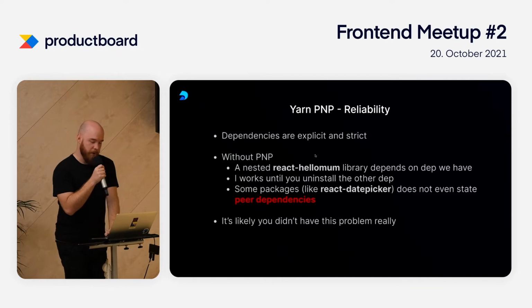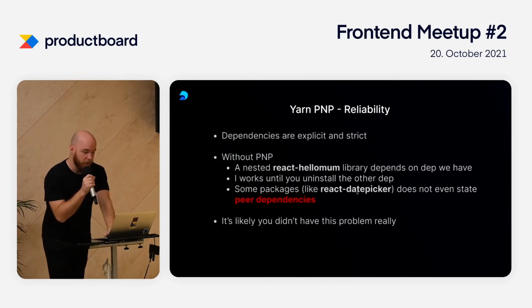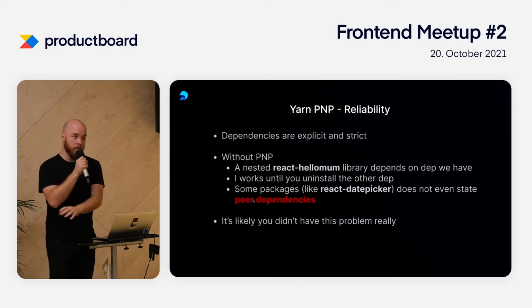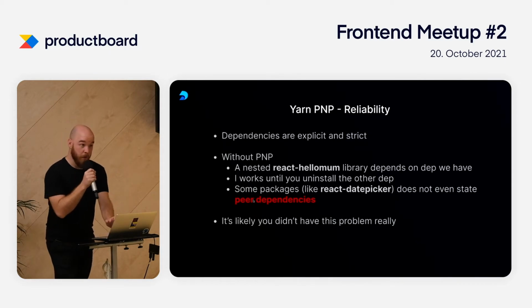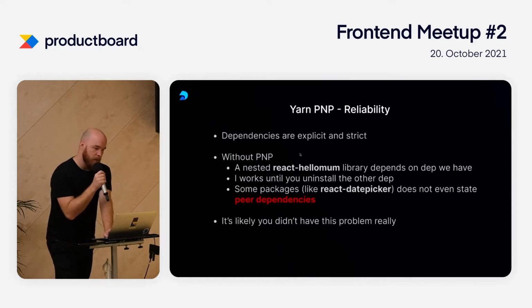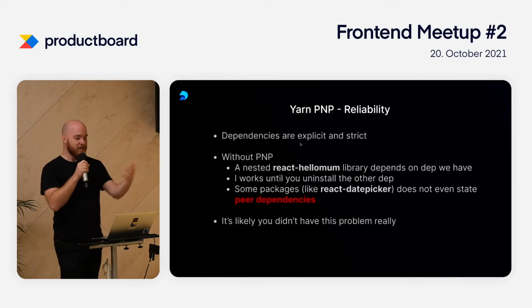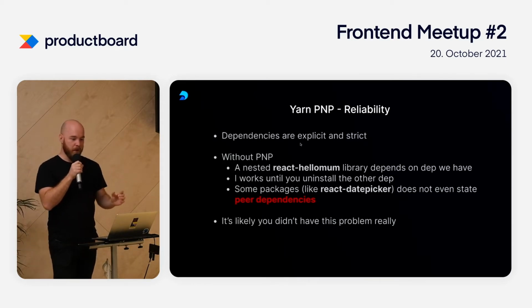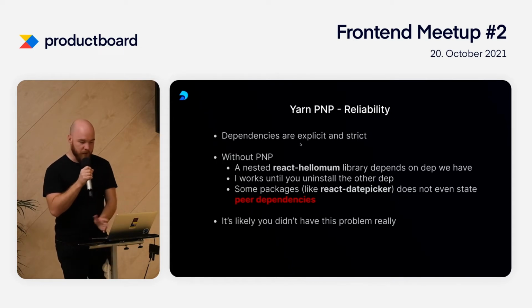During our journey, we also found that React Date Picker, for example, doesn't even define peer dependencies. There are some warnings, you ignore them, and it works. But if you delete something, it doesn't work, and if it's not React, it might break. So this is one of the main reasons for Yarn PNP, but maybe you didn't even have problems with this before.